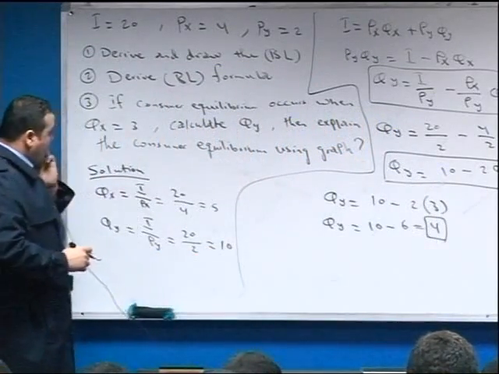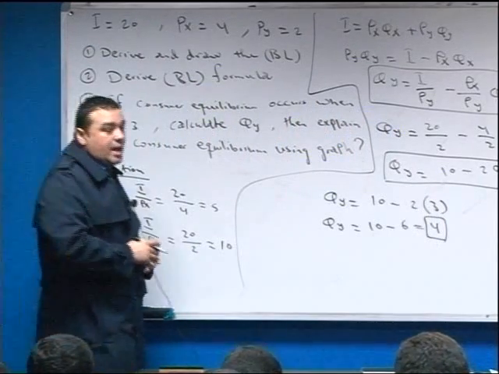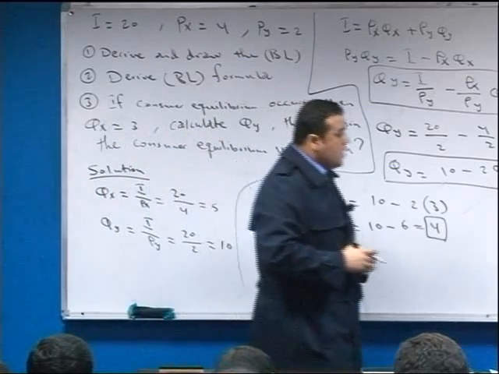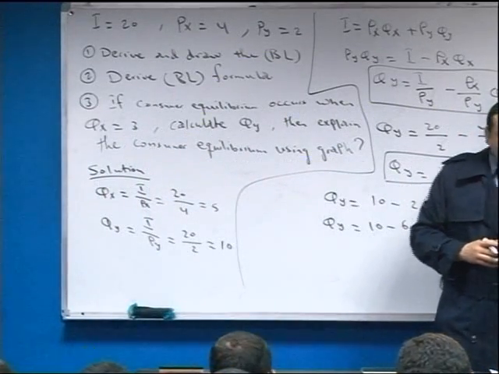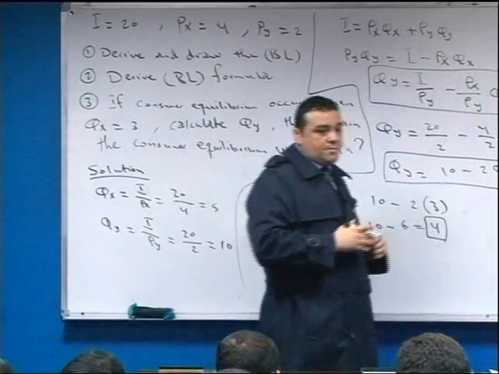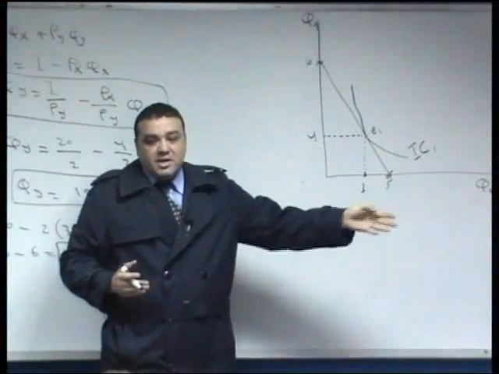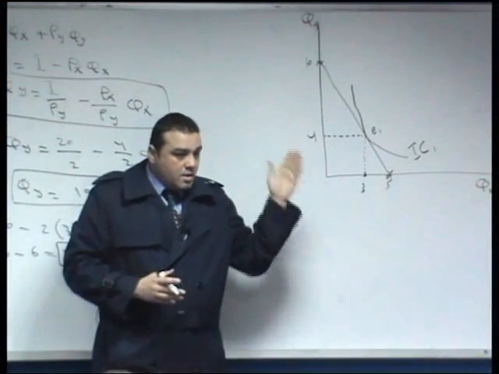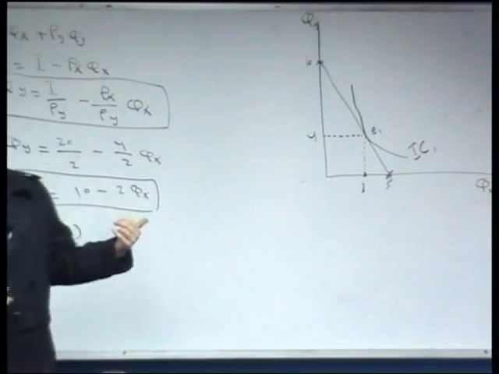Number 4, calculate the slope of the budget line and indifference curve at equilibrium. We want to calculate the slope at the equilibrium. The slope of the budget line is constant in all cases, so it equals minus Px over Py.